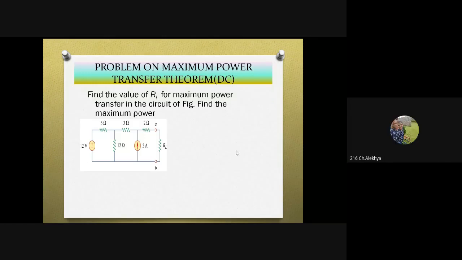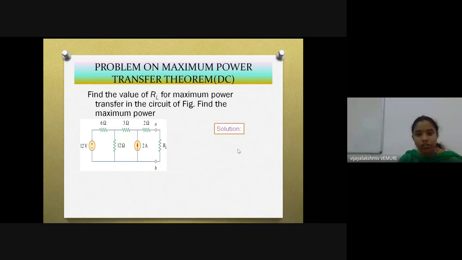So now coming to the solution of this, first remove the load resistance. After removing the load resistance, deactivate the independent sources. What are the independent sources here? One is a voltage source, another one is a current source. So the current source should be open circuited and the voltage source should be short circuited.